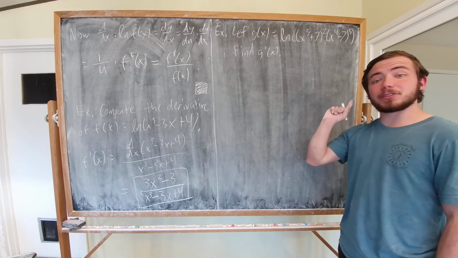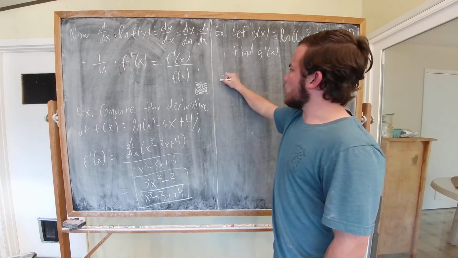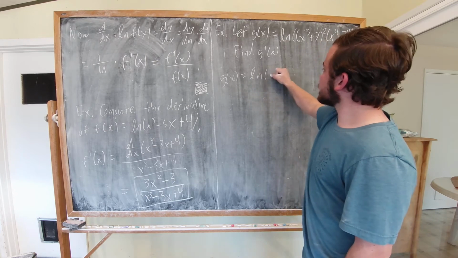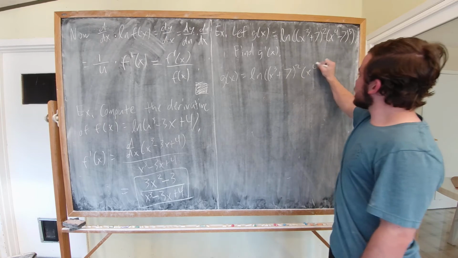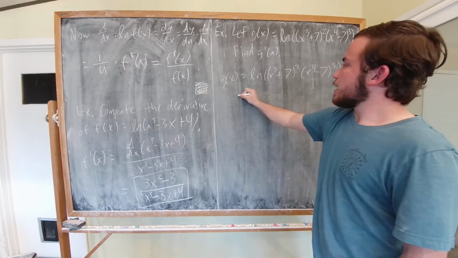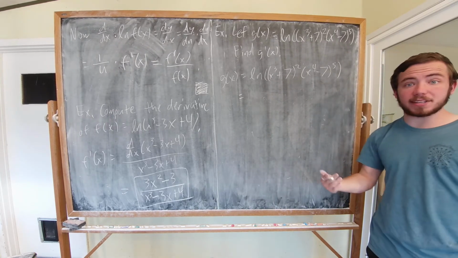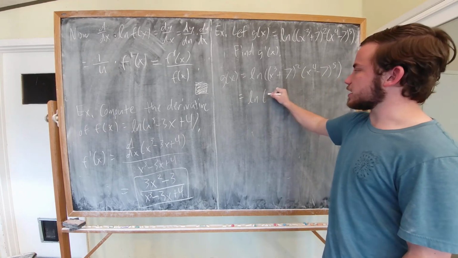Or we can use properties of logarithms to make this problem a lot simpler. Let's recall g of x itself: we have the logarithm of two things multiplied together. Our logarithm laws tell us that's the sum of each of the two logarithms individually.